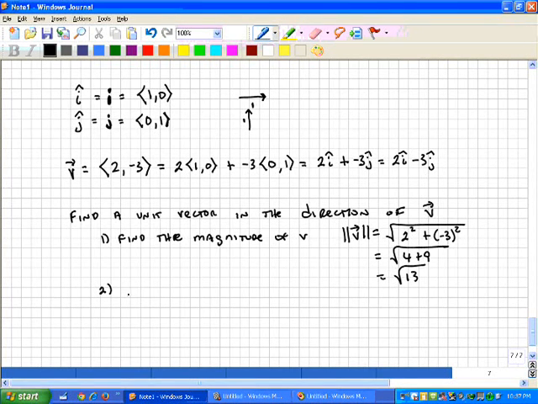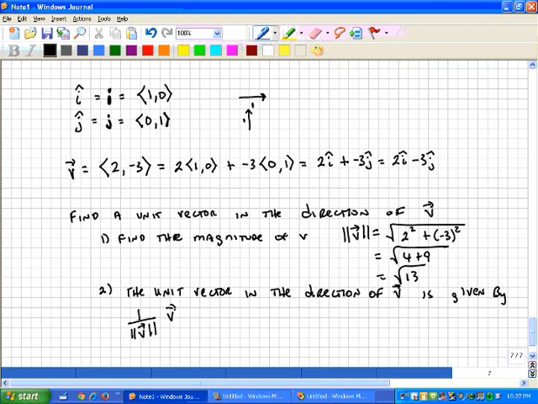The unit vector in the direction of v is given by 1 over the magnitude of v times v, which in this case is 1 over the square root of 13 times the vector ⟨2, -3⟩.